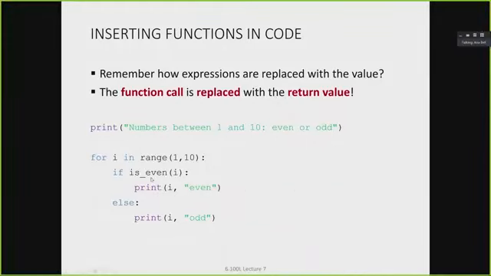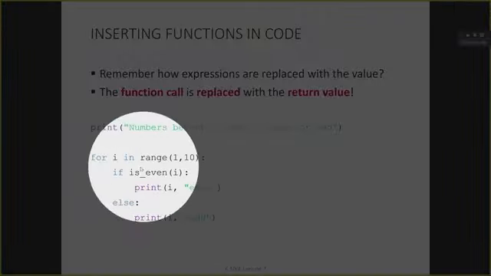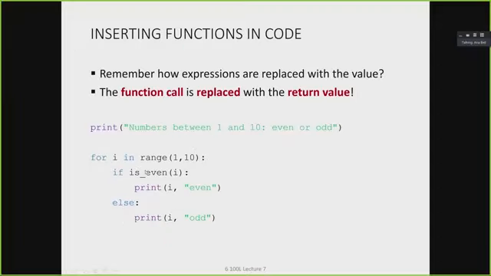Well, that's cool. Here I'm using the function that I wrote kind of just in the middle of another piece of code, which is fine because, as I said a few slides ago, function calls are basically just expressions. They get run, they get evaluated, you get one value back out of them, and then that value replaces the function call.